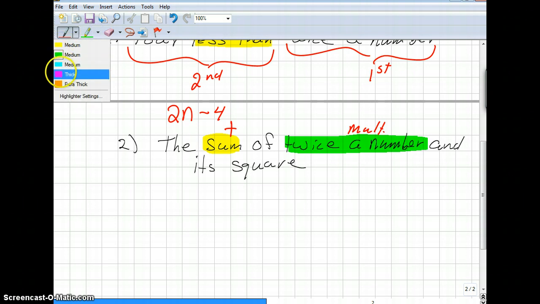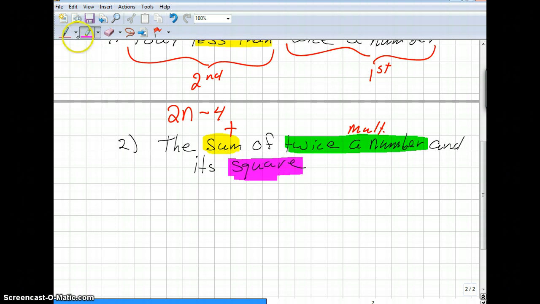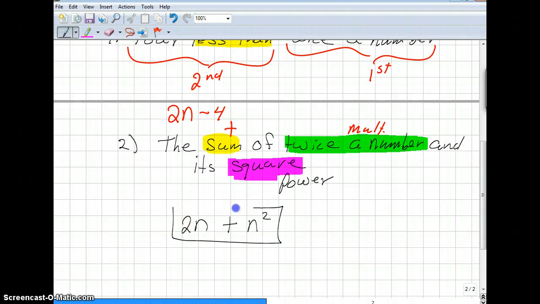And then we have its square, which tells us that we're going to be doing some power. So the sum of twice a number, so again we'll let n be the number. So twice the number would be 2n, and the sum would be plus its square, so n squared. So 2n plus n squared would be the translation from a phrase into algebra.